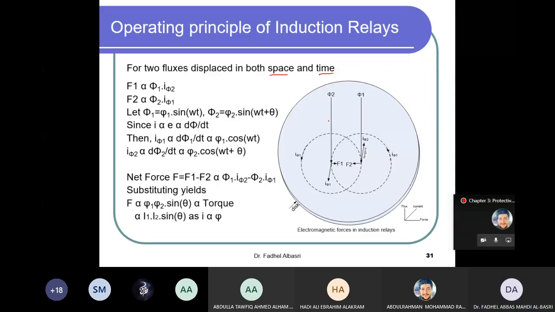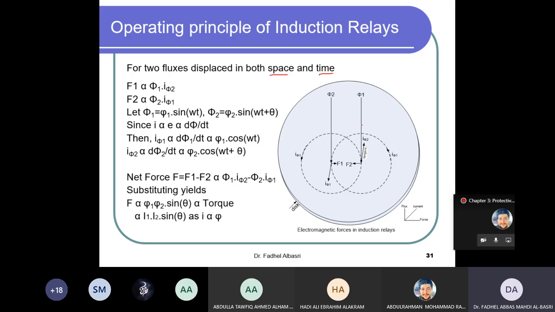Now, if the flux passes through a disk, like the rotor of an induction motor made of squirrel cage, here we have just a disk which represents the rotor. If the flux phi 1 penetrates this, it will induce an EMF, because the flux passes through a conductor.